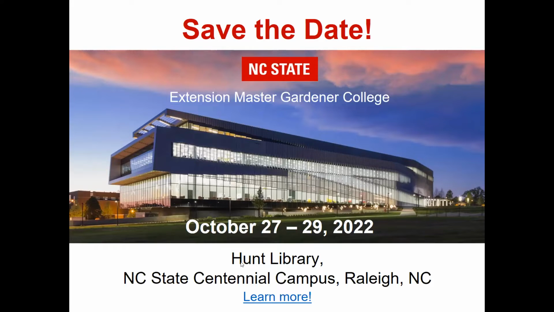So we'll be talking about the impact of climate change on plant growth and gardens, and strategies you can use to garden successfully in a changing climate, and resources that you can take back and use for educational programming in your community. We'll have a lot more information by our July Plants, Pests, and Pathogens. So look for that to be coming out soon, as well as registration opening later in July or early August.